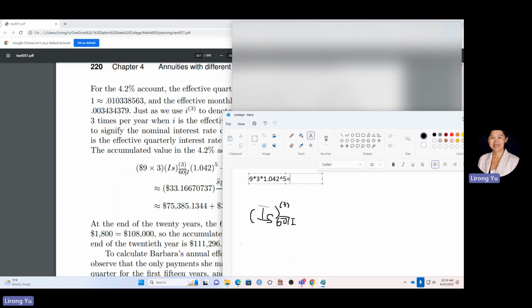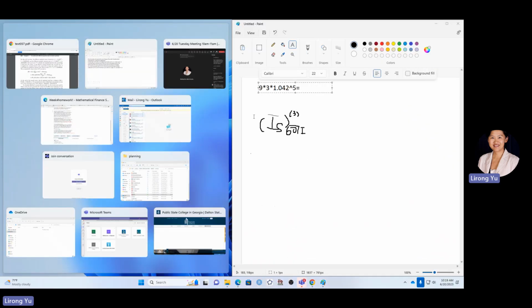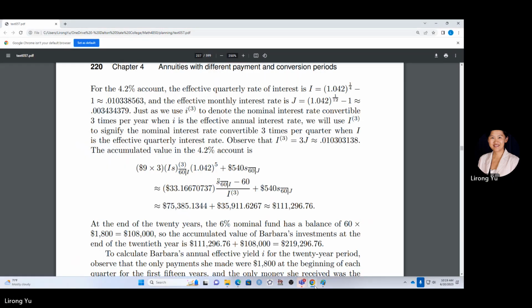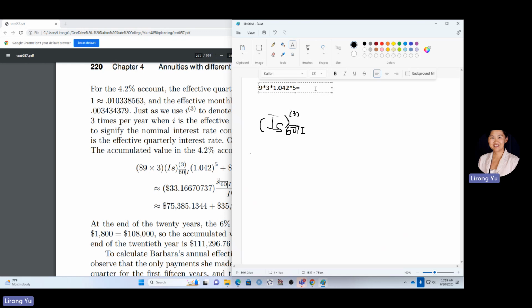You can use your calculator to double check. All right, that is equal to 33.16670737. I'm trying to keep as many decimals as possible because accuracy really changes the final answer to a question.